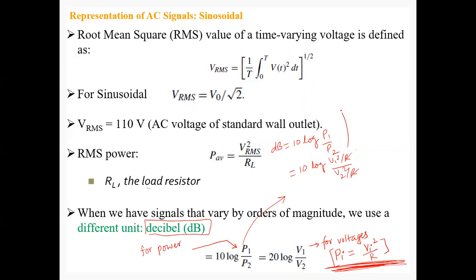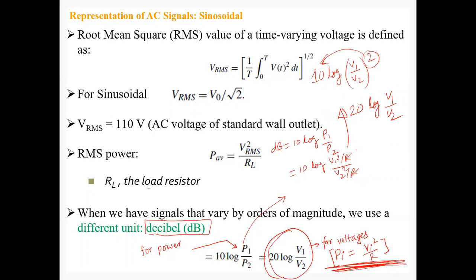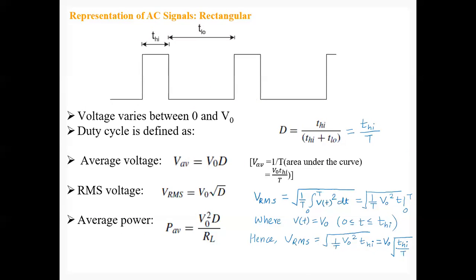What are we left with here? We're left with 10 log (V1 over V2) squared. Use the log property, then this 2 comes in front, multiplied with 10, 20 log V1 over V2. So you get this one here. This is equal to that. This is how you can prove it. Any questions so far?